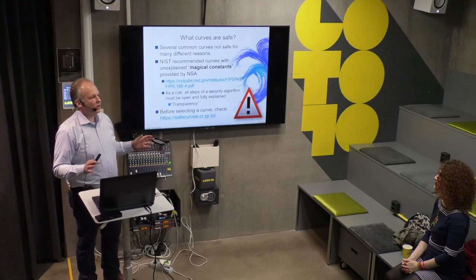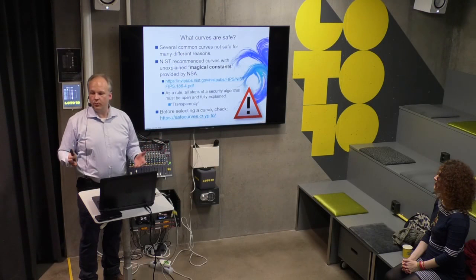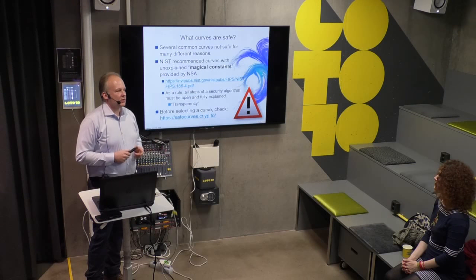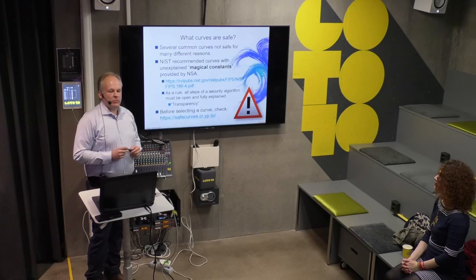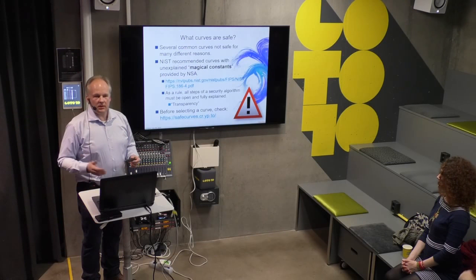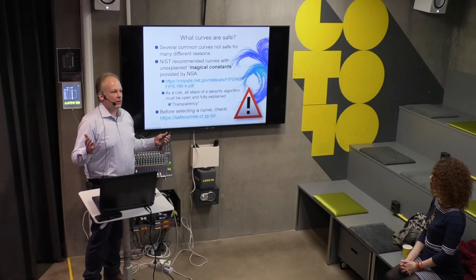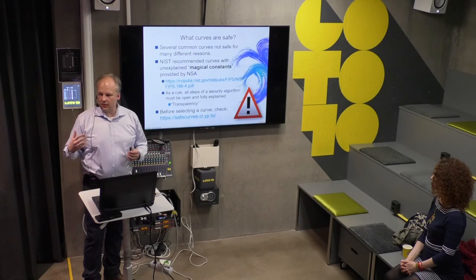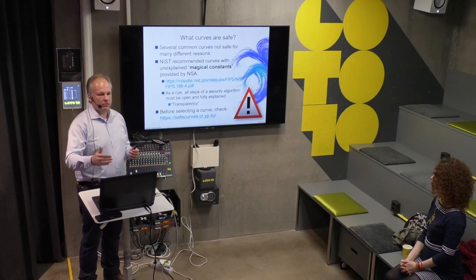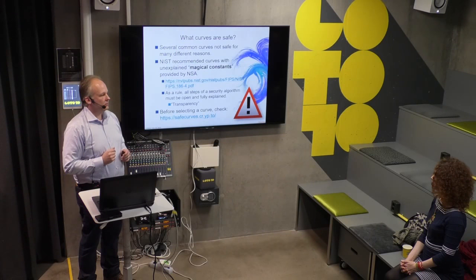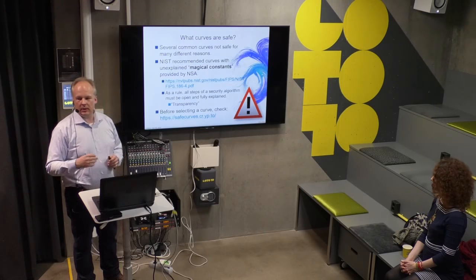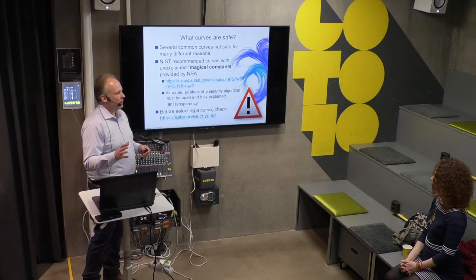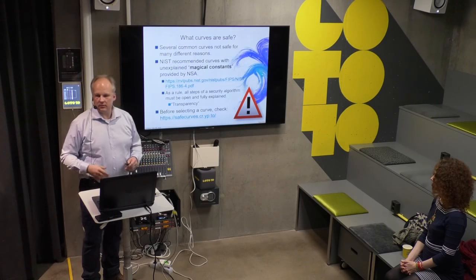So the most common curves, or those that are proposed, include what's called magical constants. What's a magical constant? It's just a large constant that they have no explanation for. When you design an algorithm, all numbers have to be explained. Typically, they have to be explained as the smallest number which has this property, for instance, or something like that.